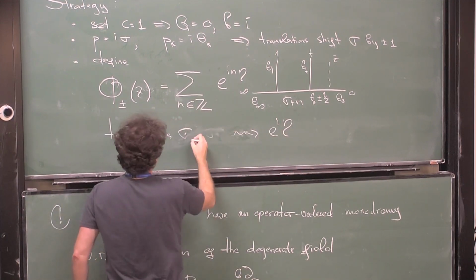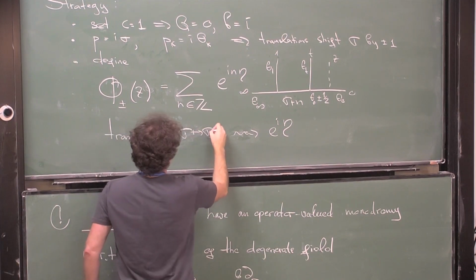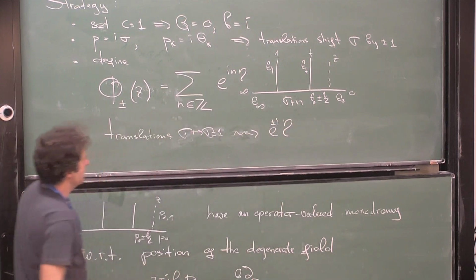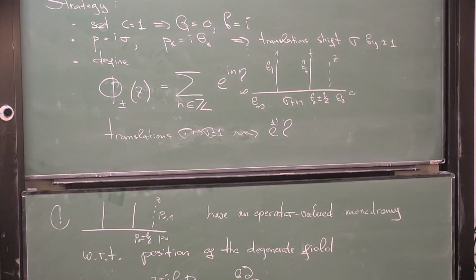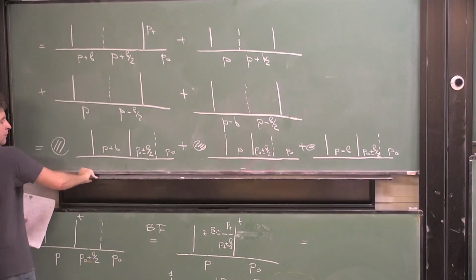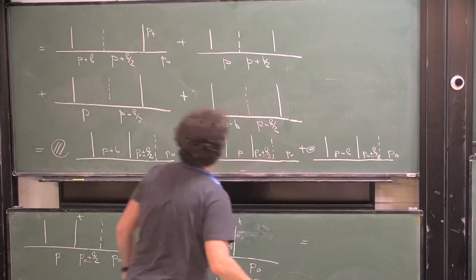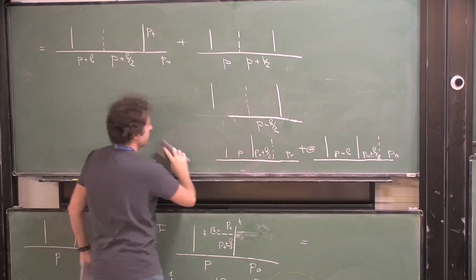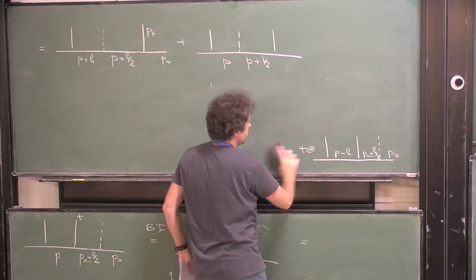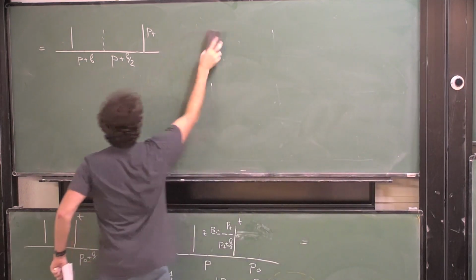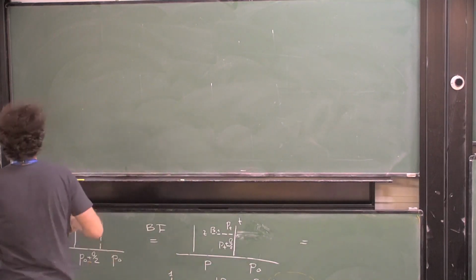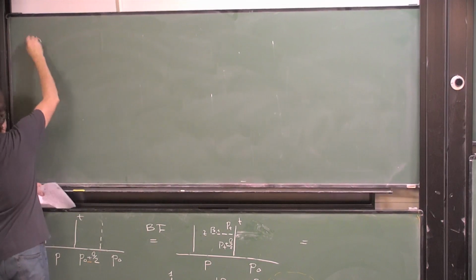So let me write it like this. So sigma goes to sigma plus minus 1 will correspond to appearance of these factors e to plus minus i eta. And so this means that these functions phi plus minus have exactly the properties that we want from the fundamental solution of our 4-point Fuchsian system.